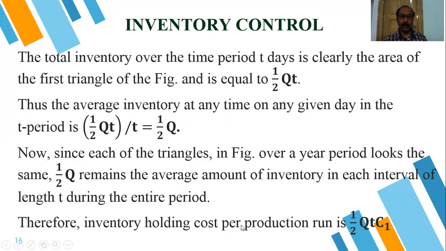Therefore, the inventory holding cost per production run is half QTC1. What is the quantity for a particular triangle? It is half QT, and C1 is our holding cost. So the total holding cost is half QTC1.